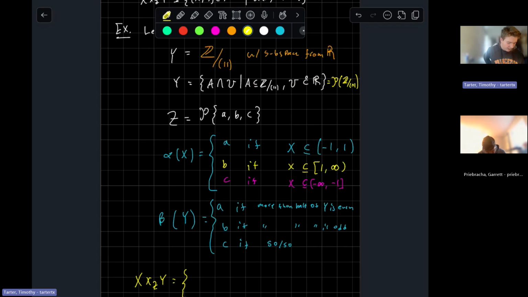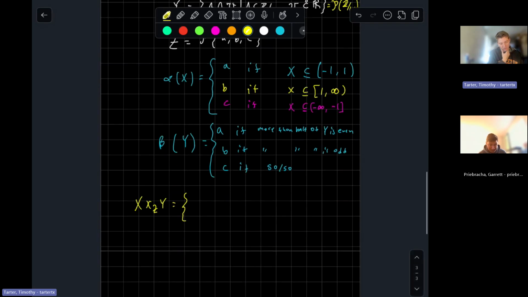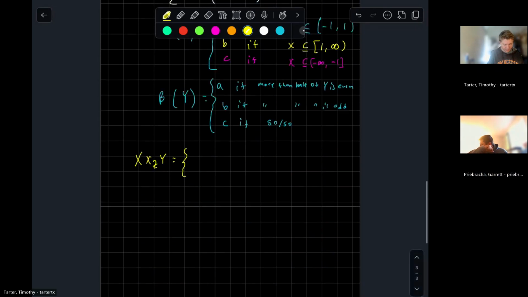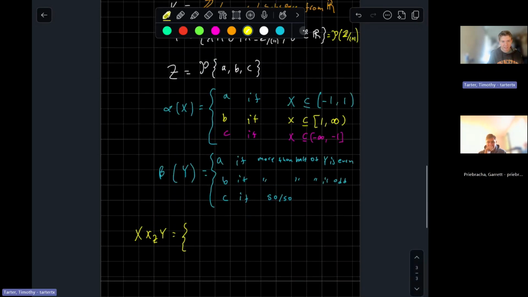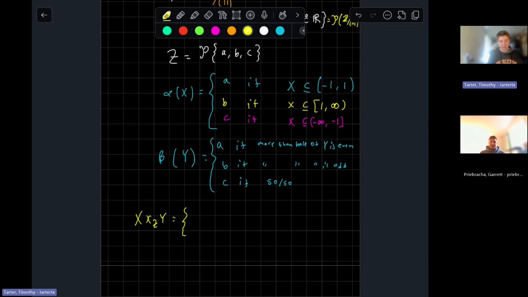But yeah, so subsets of the power set of Z11 and subsets of the real line with the standard topology, where basically we get singleton sets. So the only place where we get singleton sets is if we get exactly A, exactly B, and exactly C. Right?